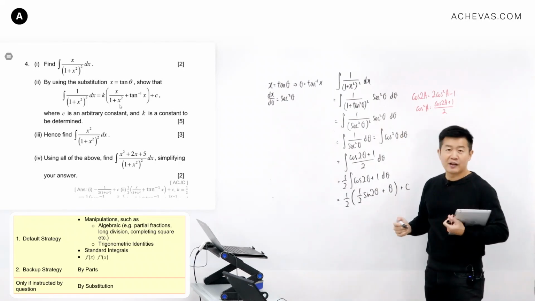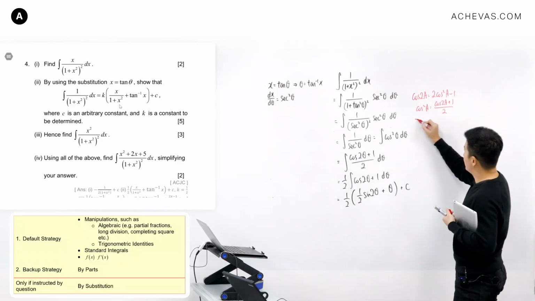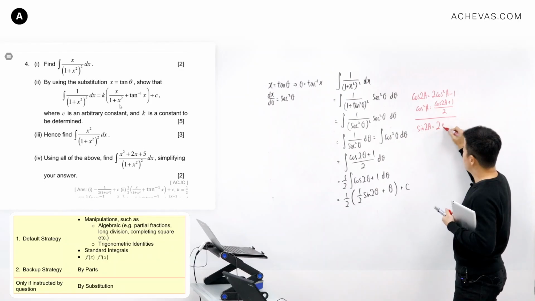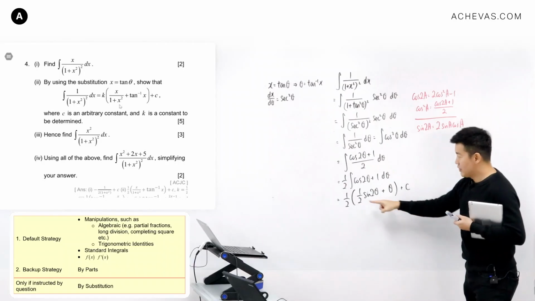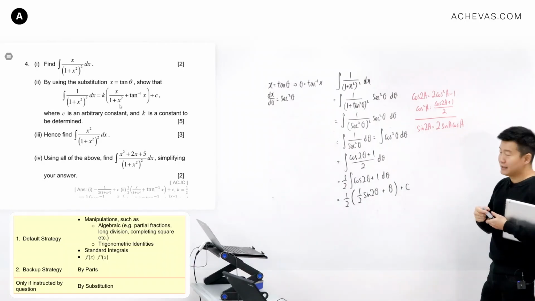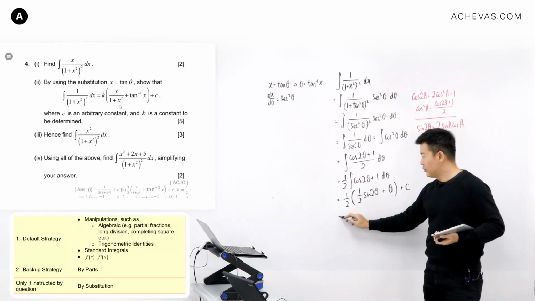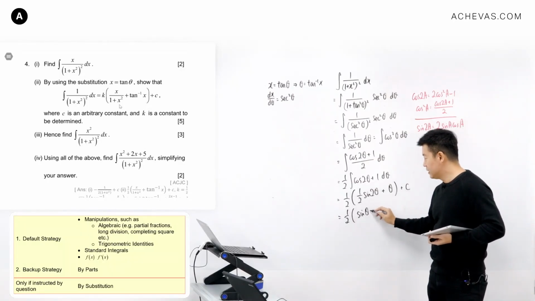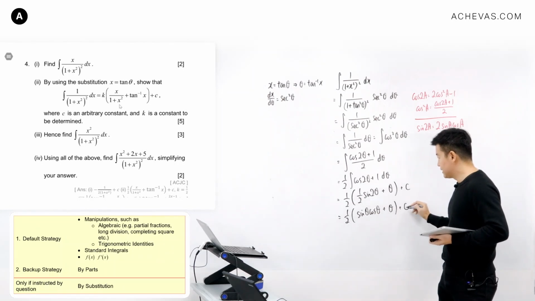So I'm going to make use of another trigonometric identity, another double angle formula, which is sine 2a is 2 sine a cosine a. So if I were to replace this by 2 sine theta cosine theta, the 2 and a half can be cancelled. I'm going to be left with a half of sine theta cosine theta plus theta plus c.